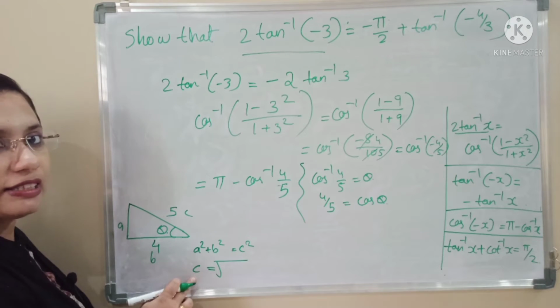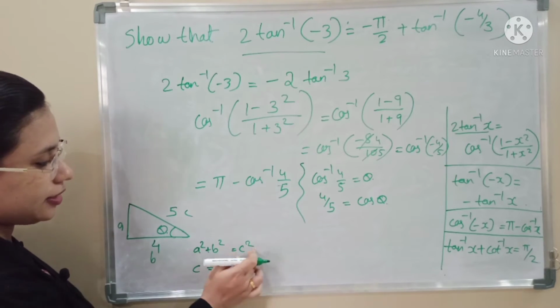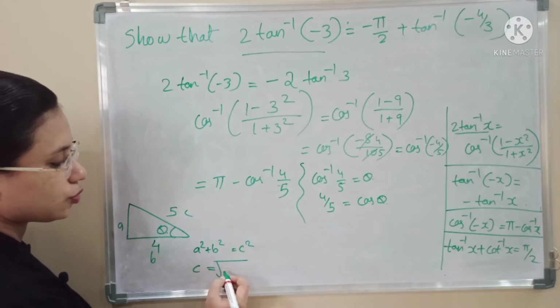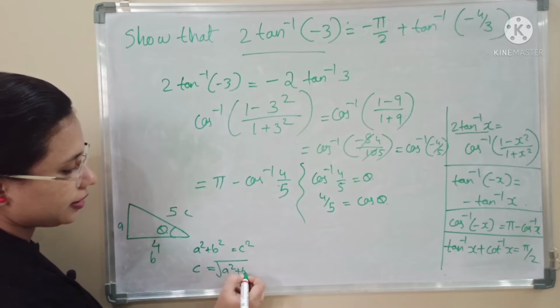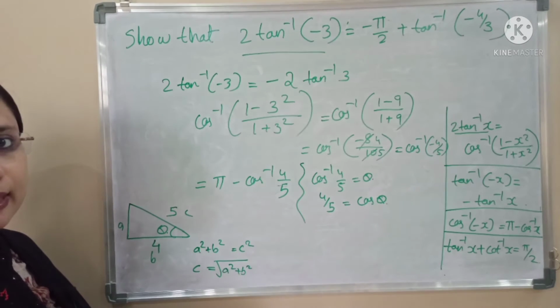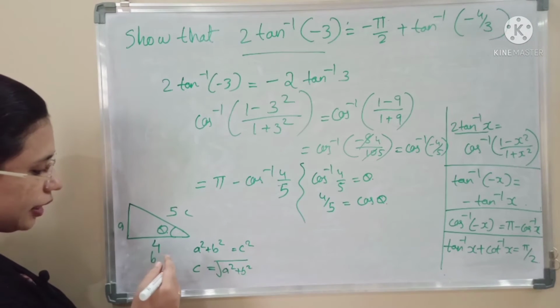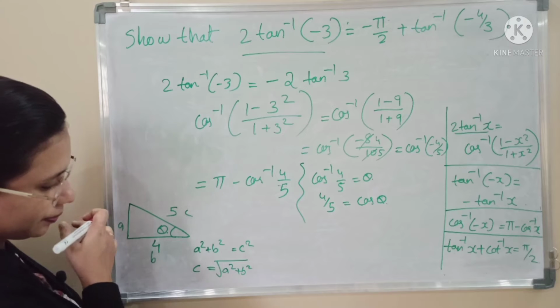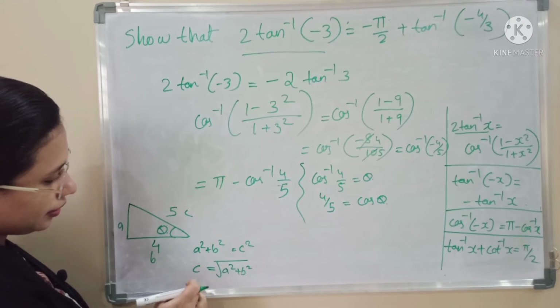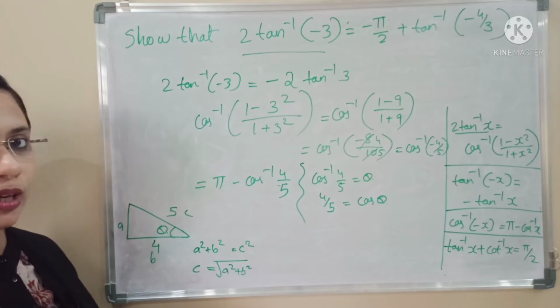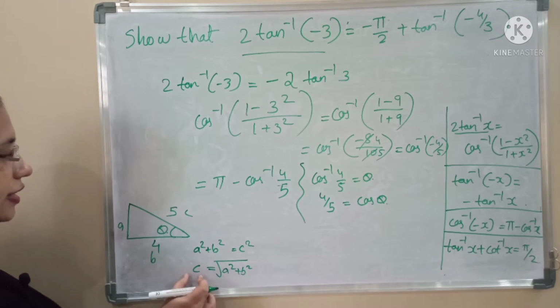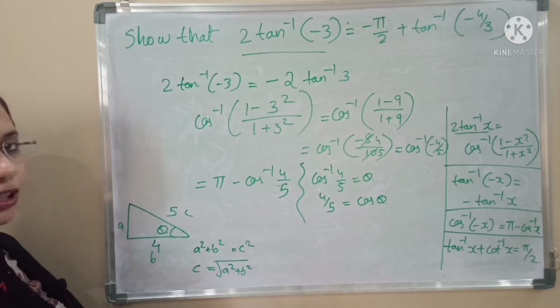If we need to find c, then the square will come as root: c equals root of a square plus b square. This is how we get the hypotenuse.